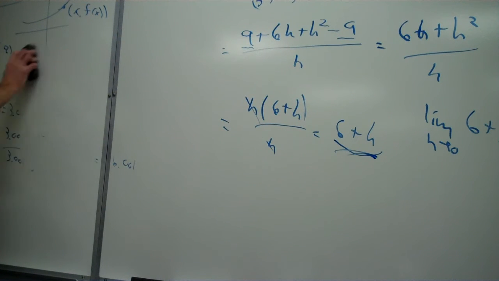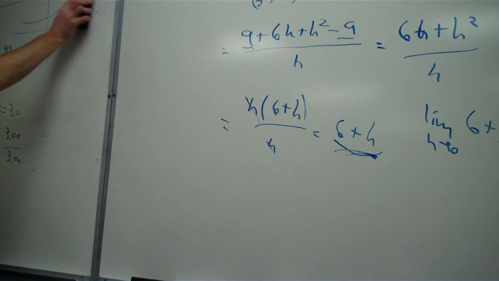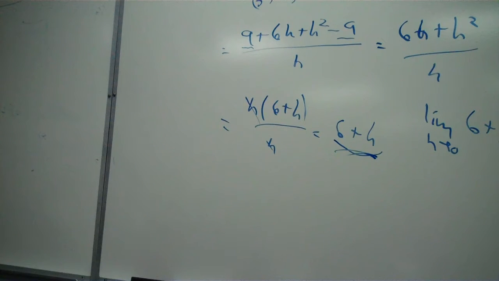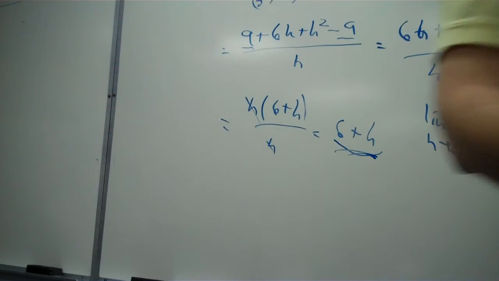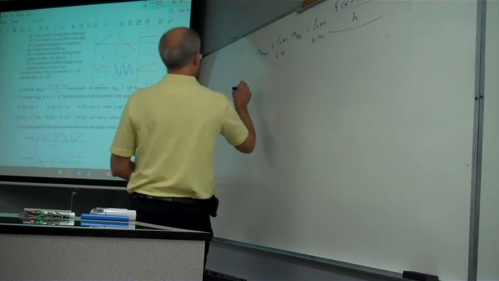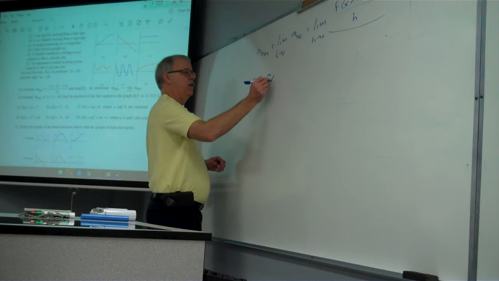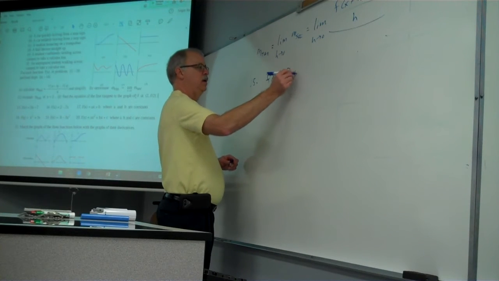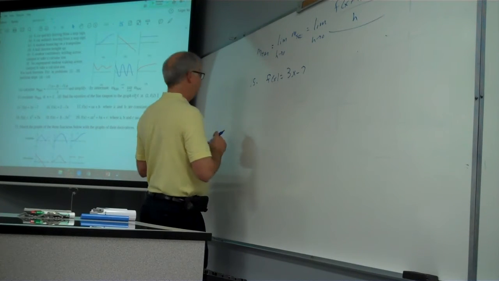So in 15, we've got a different function. In 15, our function is f of x equals 3x minus 7.